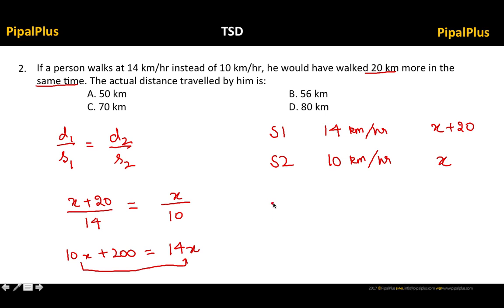So my left hand side remains 200 and my right hand side becomes 14x minus 10x, which is 4x. So I get x equals 200 divided by 4, which is 50, right? So the original distance that the man covered at 10 kilometers per hour was 50 kilometers, 70 being the distance covered in the second situation when he walks at 14 kmph.